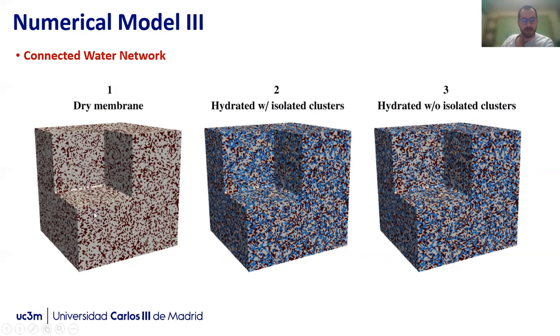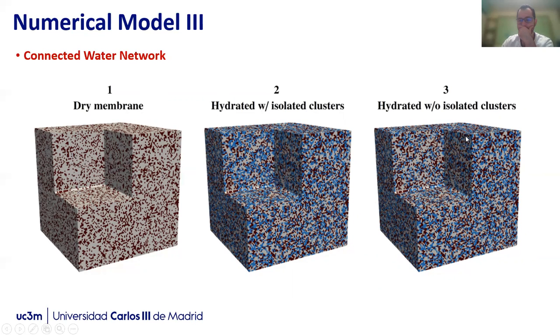We start with a dry membrane. Here the sulfonated sites are those in white or gray, and the brown ones are those that are not sulfonated or weakly sulfonated. Then we can put some water, so some of the sulfonated sites will have water.